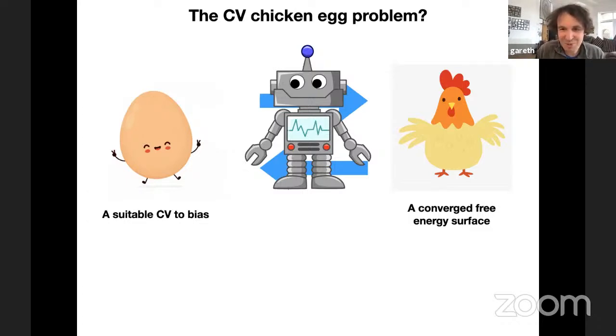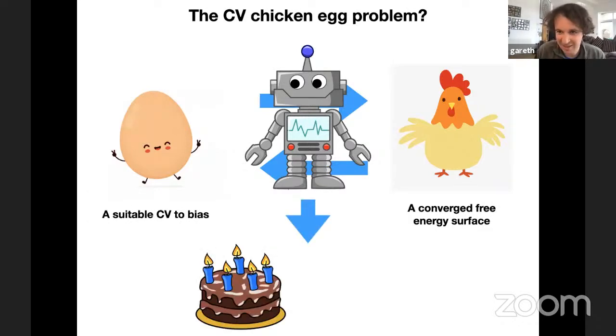And I'm not 100% convinced by that argument anymore, because the problem I have with machine learning is that what drops out of a machine learning algorithm is not a nice CV that you understand. It's not that egg. What comes out is a cake.